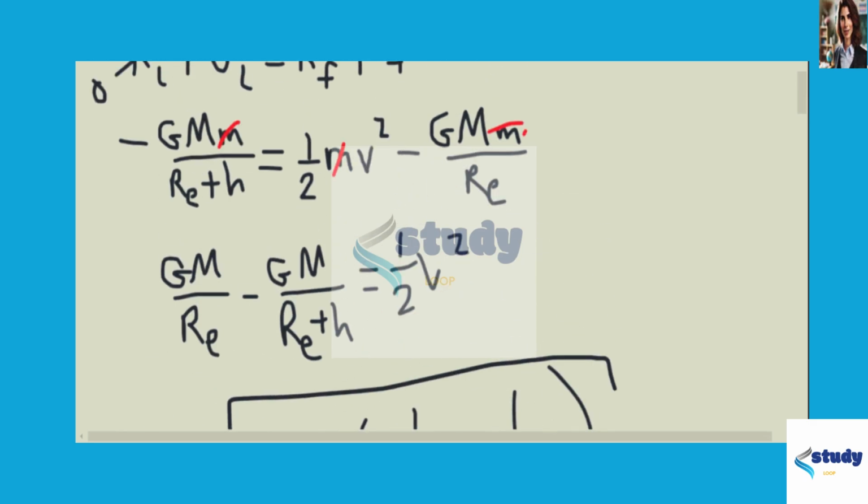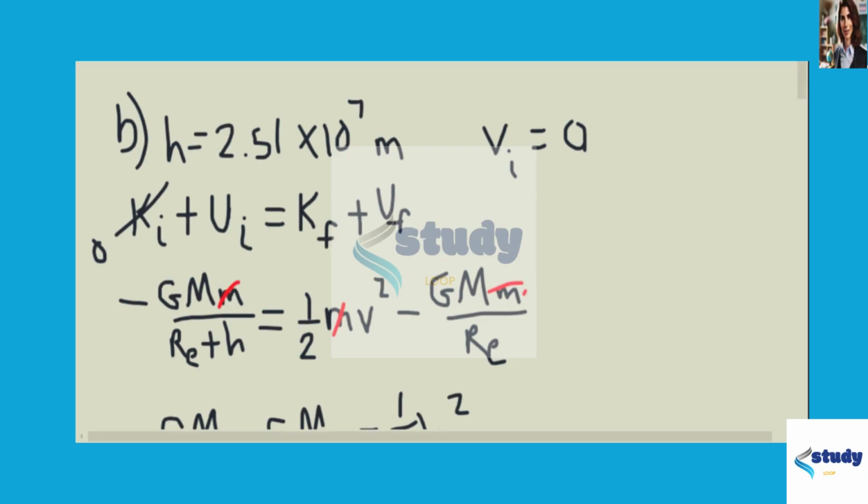Now, what was the altitude of this one? 2.51 times 10 to the 7th power. And that was given as an altitude, correct? Correct.